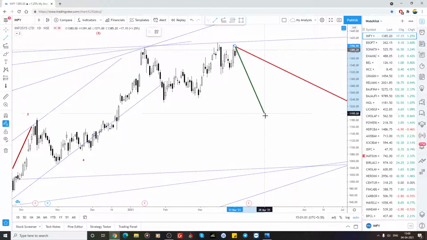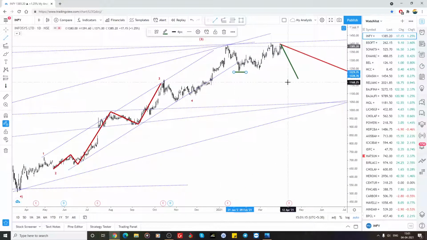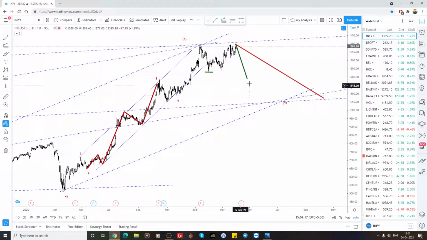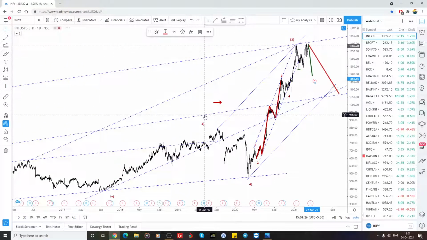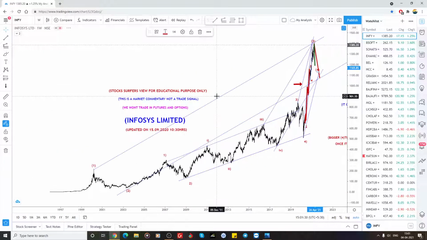If it comes like this, if it breaks this, that's perfect for the five-wave structure, A B and 1 2 3 4 5, and if it breaks the high low, that is considered a flat correction. After this simple flat correction, it won't be a simple fourth wave, because here we are looking for a bigger triangle in the weekly time frame.